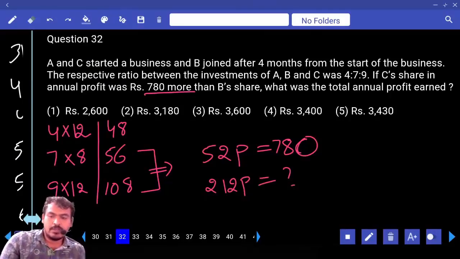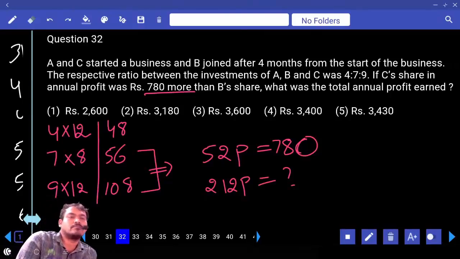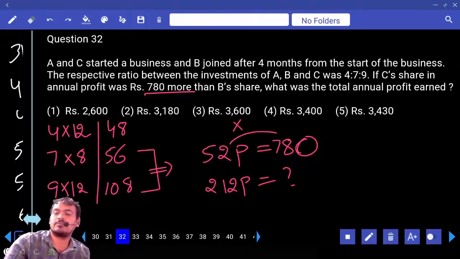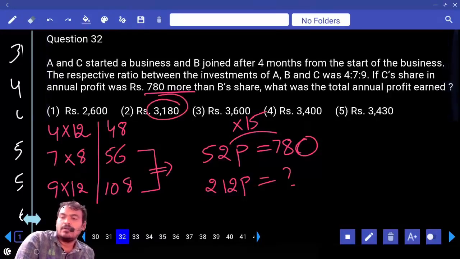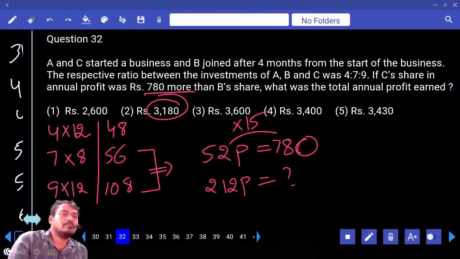Okay. What is the 52 one time? 52. Half of the 52? 26. Means 52 plus 26, it is 78 or not? Means 1.5 times or 2.5 times? 1.5 times. Nothing but 15 times or not? 15 into 212 or not? It is 3180 or not? 3180.